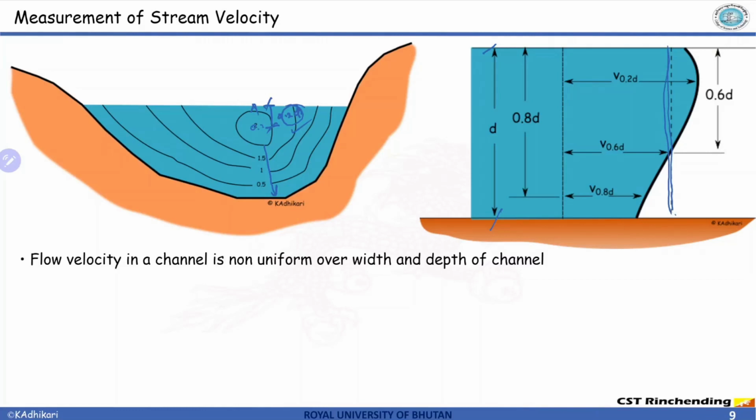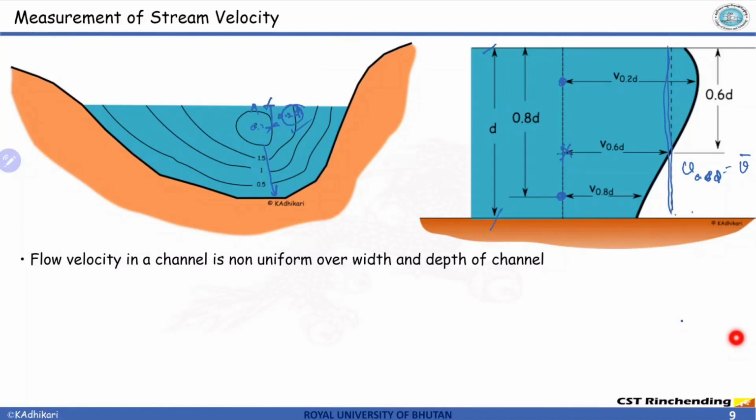Usually the velocity at 0.6 d is considered the average velocity. There are ways to measure it: either you measure the velocity at 0.2 d and 0.8 d, which is known as the two-point method, or you directly measure at 0.6 d.